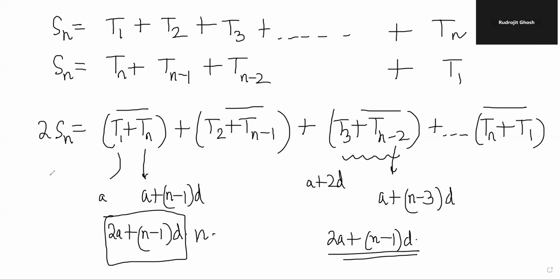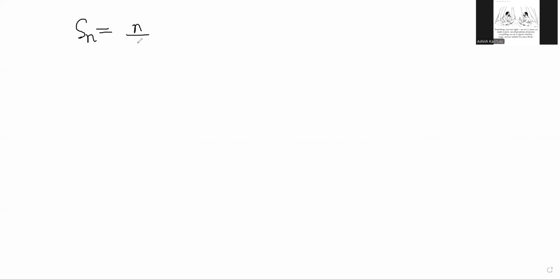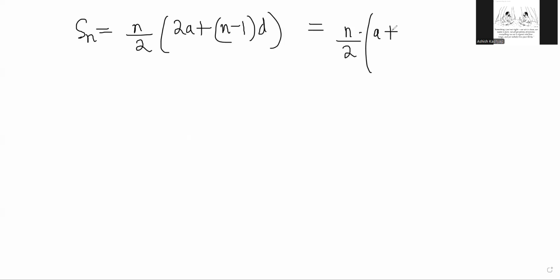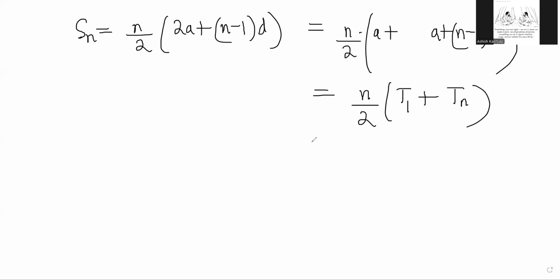So it is n times of this, right? Yes, sir. So from there we get that the formula for Sn is n by 2, 2A plus n minus 1 into D, which can also be written as n by 2, A plus n minus 1 into D. So this is also n by 2 first term plus nth term, right?